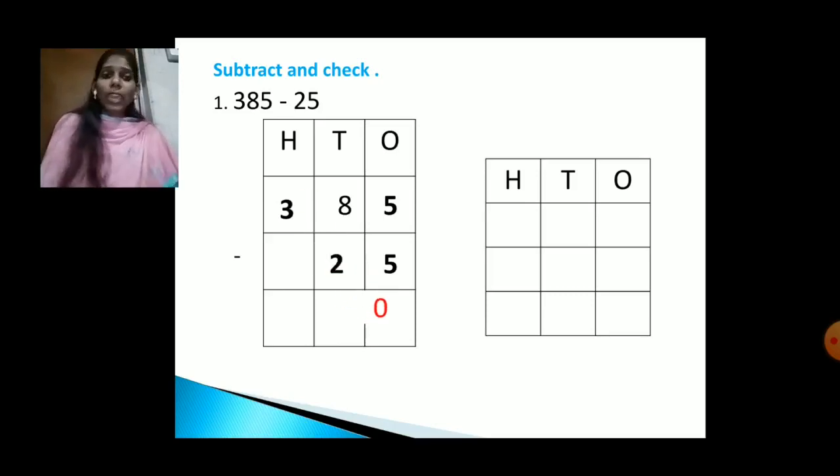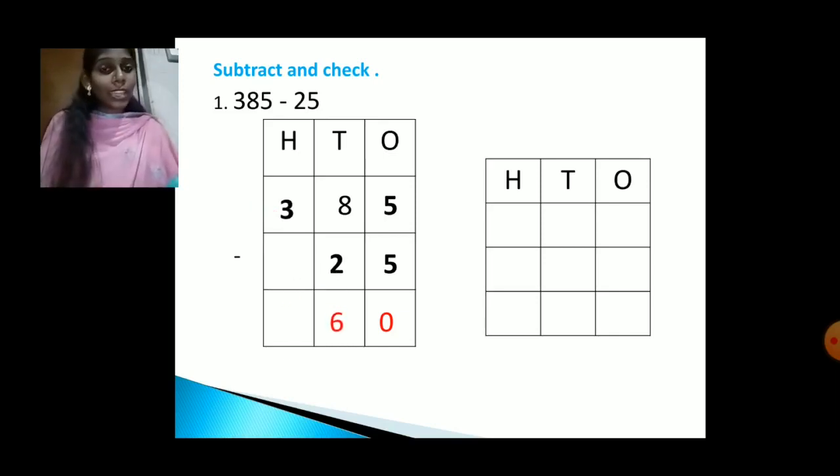Now 8 minus 2. Tell me 8 minus 2. 8 minus 2 is 6. 6 we will write under the tens place and here any number is not there under the 3. Right? So what we will do? 3 will jump down. So 360 is our answer.